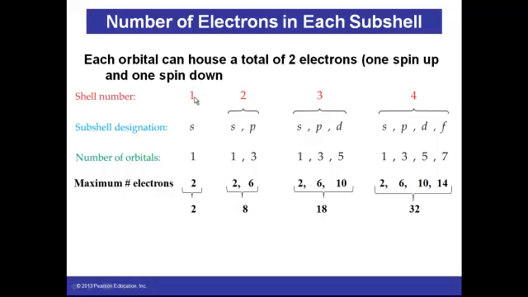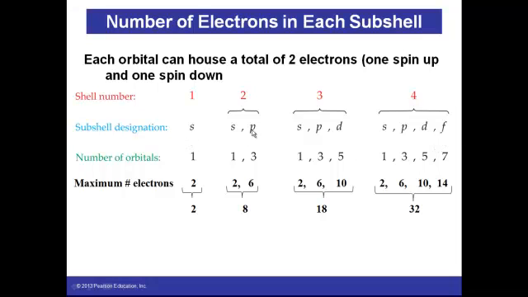You can't go to any greater layers of your onion after that. Again, this is akin to saying you have an apartment complex. The subshells within the apartment complex are essentially the apartment buildings. So you have the S type of apartment building, the P type, the D type, and the F type of apartment building.